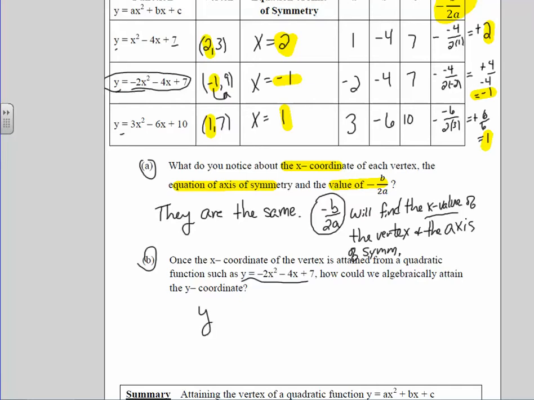So the x value is negative 1, and we'll substitute into our function. Everywhere in the equation where we had x, we'll put in negative 1.